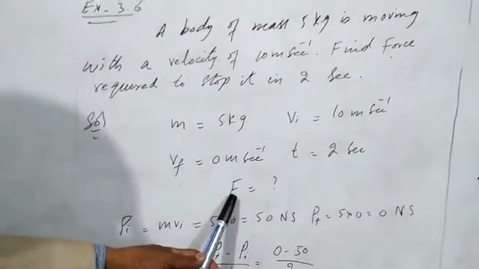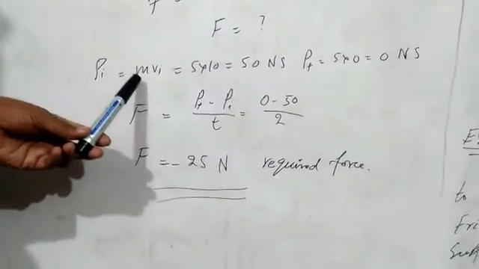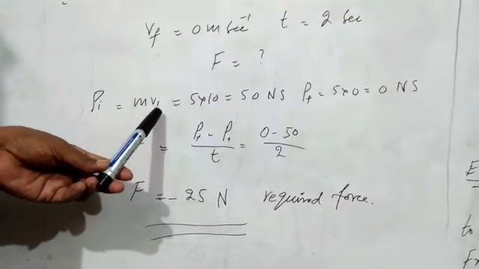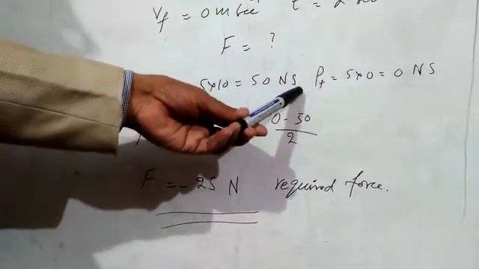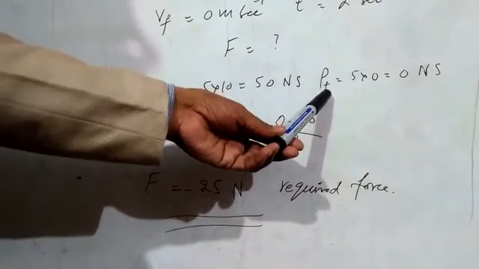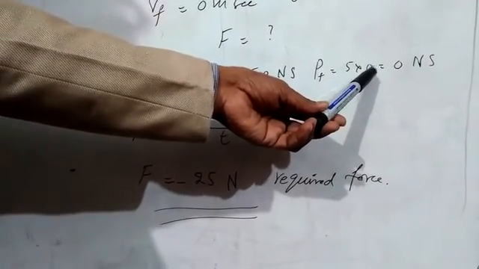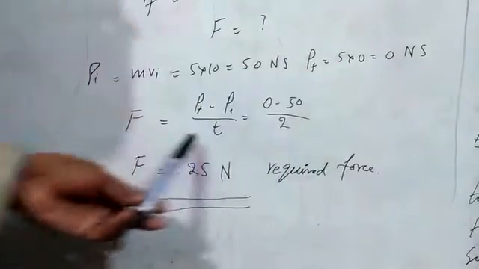We have to find force. Firstly, we have to find the initial momentum, which is M Vi equal to 5 multiplied by 10, 50 Newton second. Final momentum is 5 multiply 0, as its final velocity is 0, so final momentum will be 0 Newton second.